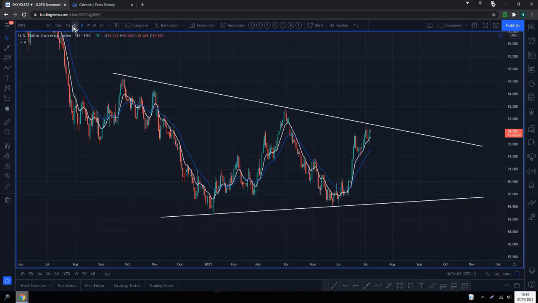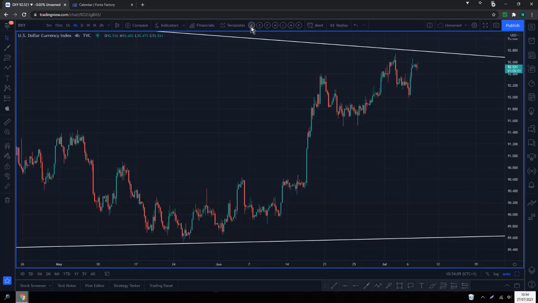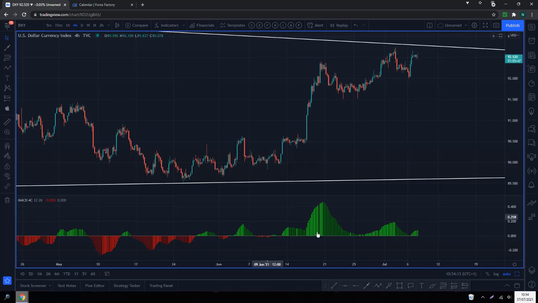But I wanted to point something out to you on the 4-hour time frame, and that is we've got a little bit of what's called MACD divergence. So where price is pushing upwards there, we've got price making lower highs basically.